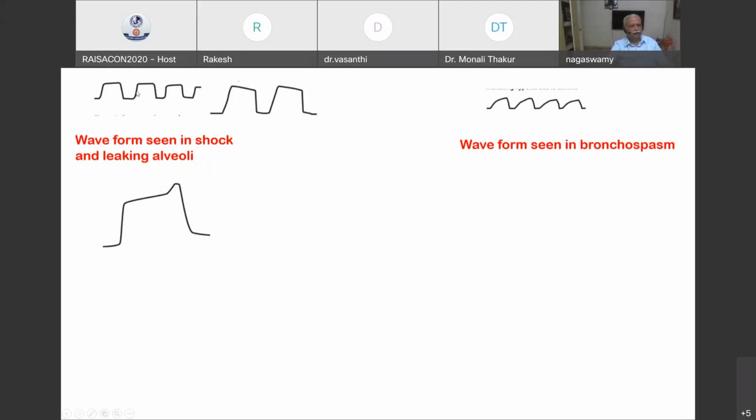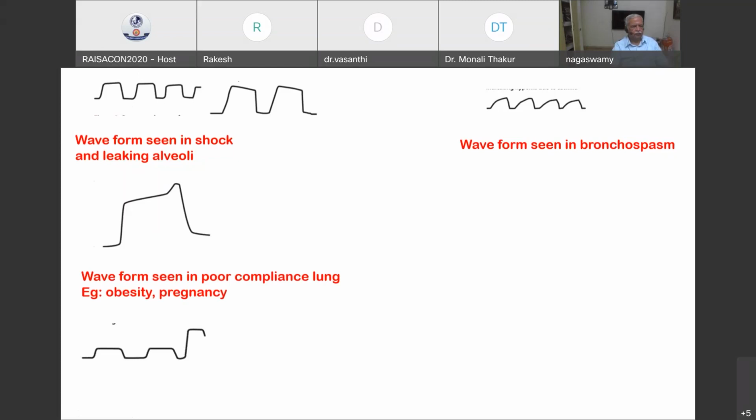This is the classical waveform, so it goes here, one angle is formed, and here another angle is formed. Whereas here there is a peaking. This happens in poor compliance of the lung due to obesity or pregnancy.